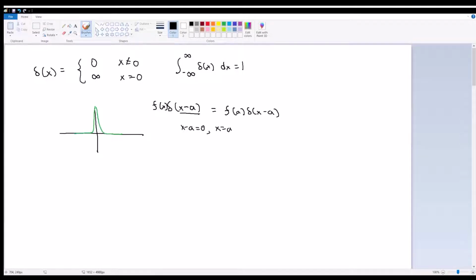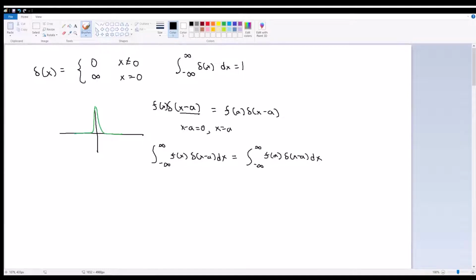Another useful identity is that it's even more useful when it's paired with an integral. If I take an integral from negative infinity to infinity of f of x times Dirac delta x minus a dx, this is equal to an integral from negative infinity to infinity of f of a times Dirac delta x minus a.